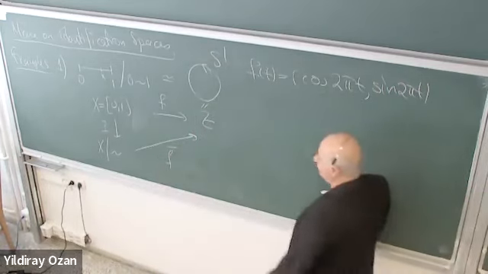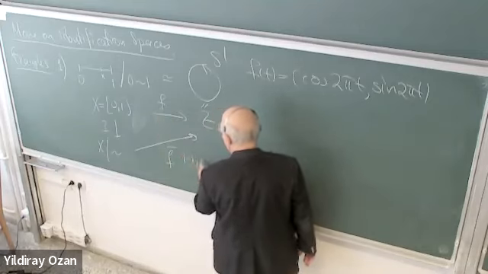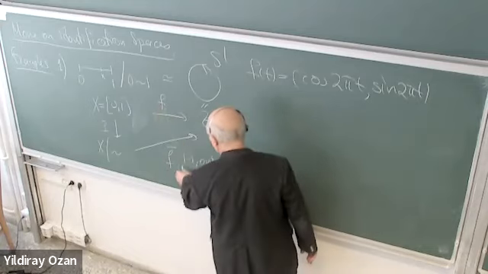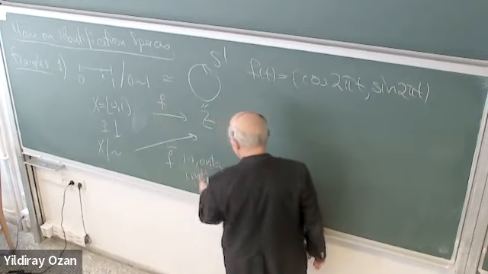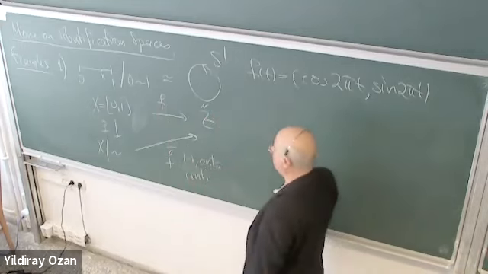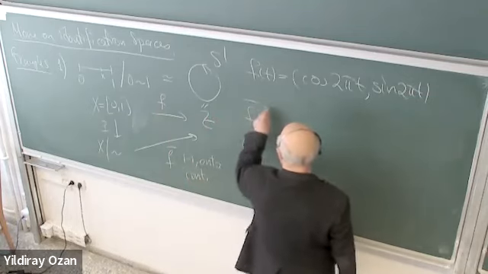And although F is not 1-to-1, this map is 1-to-1 onto, since this is continuous, this is also continuous. And actually, it's a homeomorphism. Okay, so F bar is a homeomorphism.